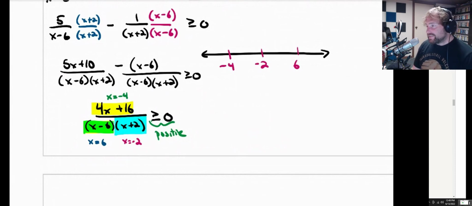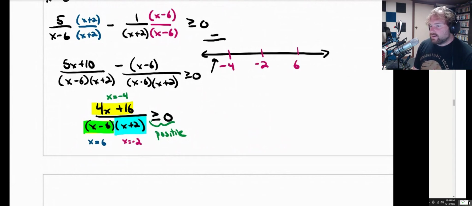Let's think about numbers that are less than negative 4, right over here. Section 1. All we're going to do here is play the game of: if I plugged in a number that's less than negative 4, would I get a positive or a negative in all 3 of those chunks? Plugging a negative, like negative 5, into 4x plus 16 would give us a negative number. So let's put a negative on top of a fraction like that.